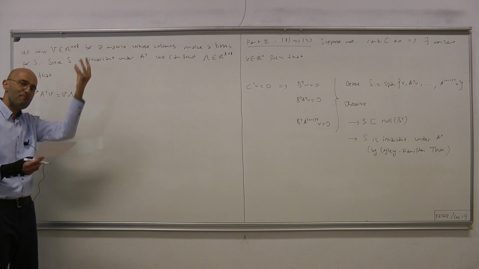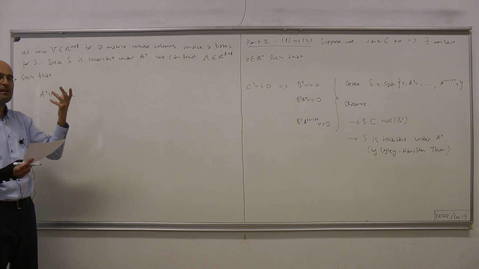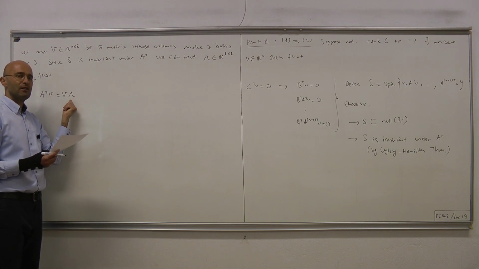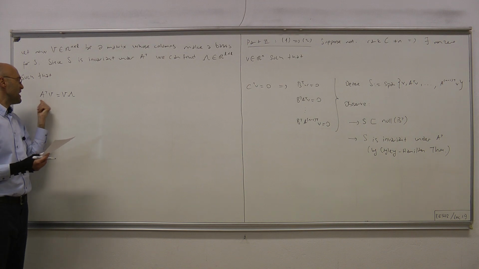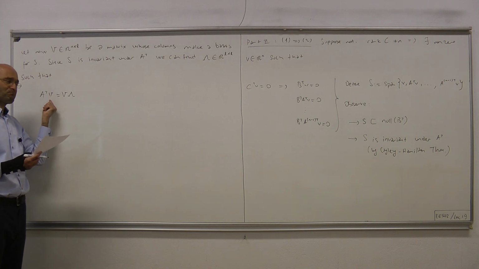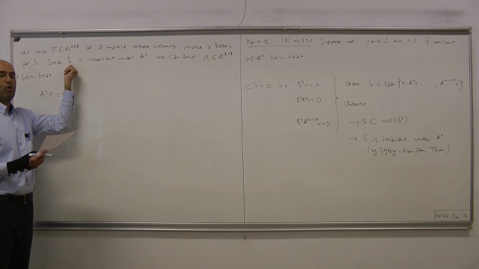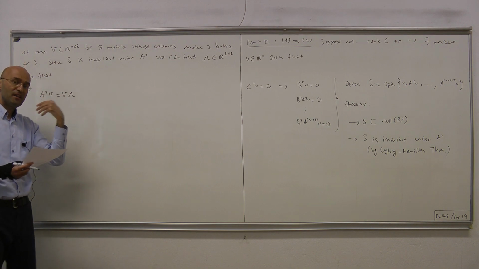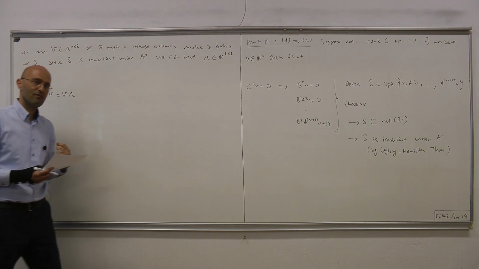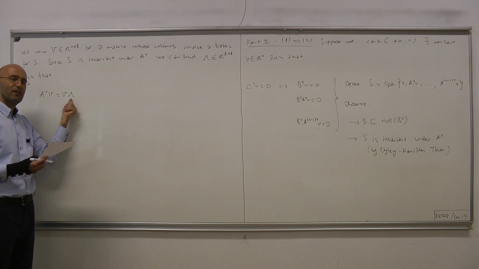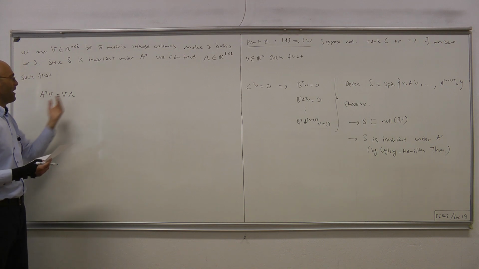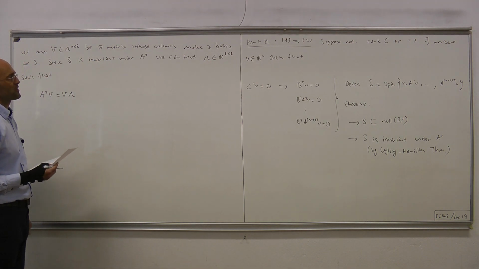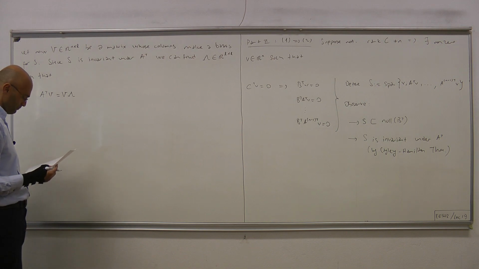Collect those coefficients and make a vector of size L, and that vector makes the first column of this matrix lambda. Go to the second column of V: A transpose times that second column is a member of S, therefore it can be written as a linear combination of the columns of V. Collect the coefficients, make a vector of size L, and that is the second column of lambda. Go in this fashion to obtain the L by L square matrix lambda.